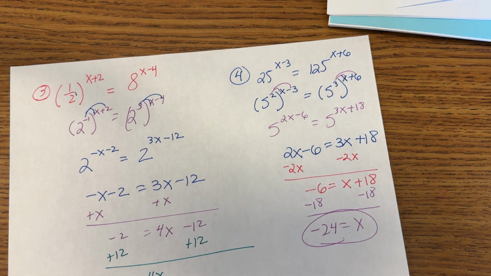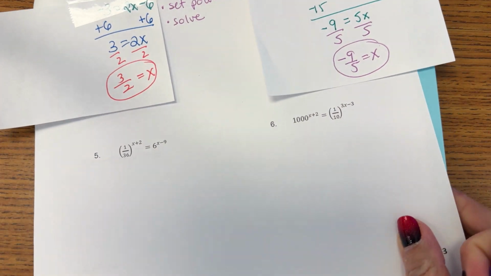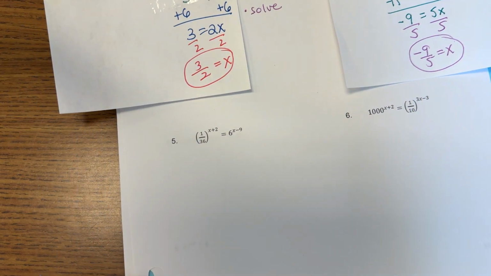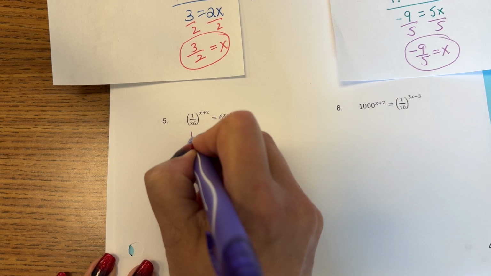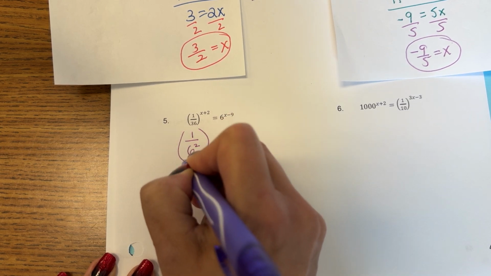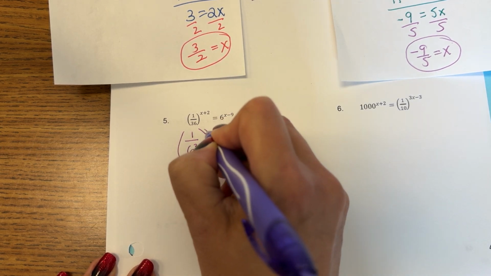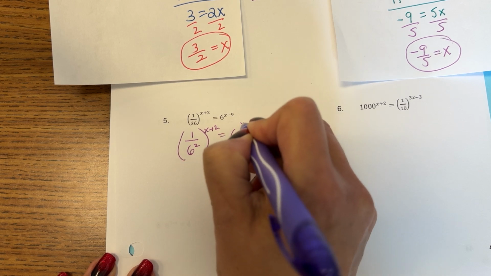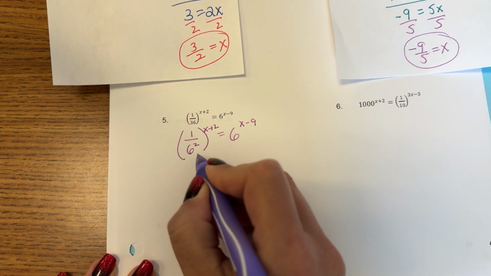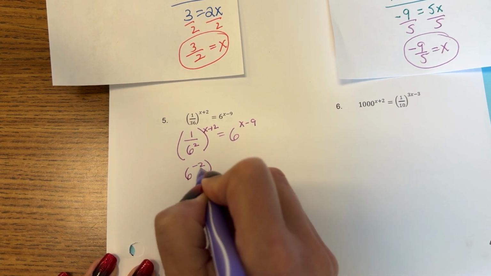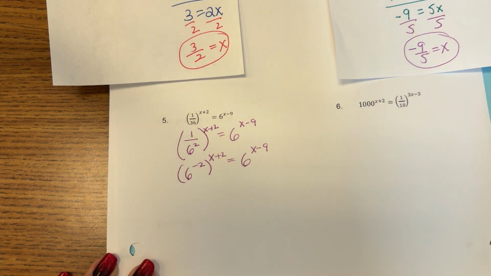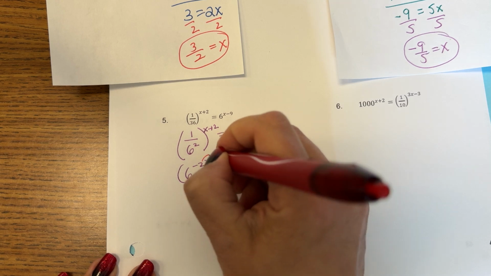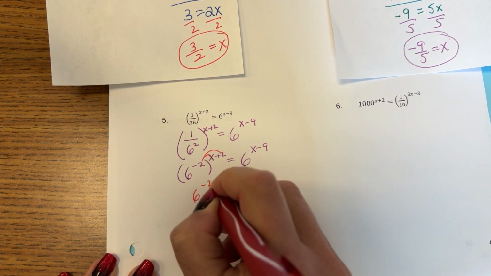All right, pause the video again. Try 5 and 6. I'm going to make 36 6 squared. But then I need to move that out of the denominator by making the power negative. And then multiply my power to a power.